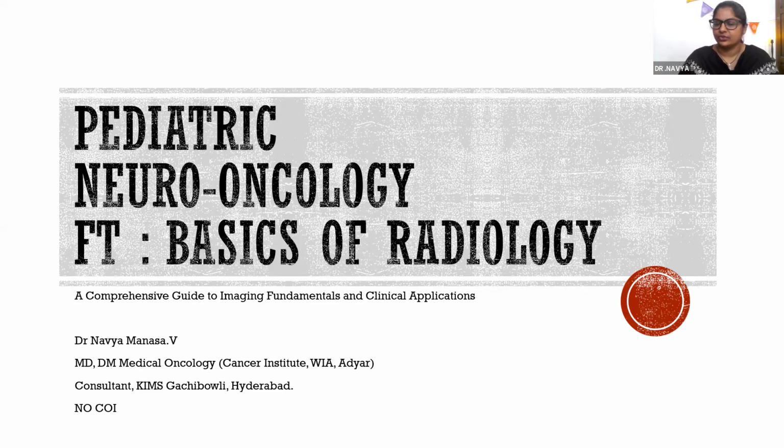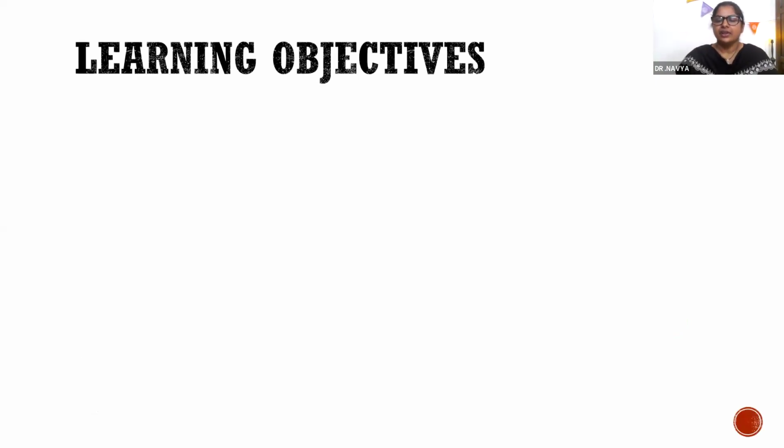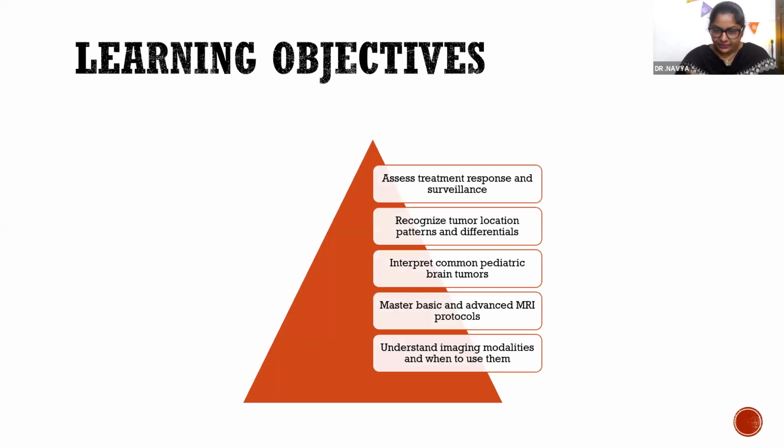There's no conflict of interest. I believe steps one and two have already been done, because it's been a series of radiology programs, as per my understanding. So you've probably understood the imaging modalities and when to use them. You have probably already mastered the basic and advanced MRI protocols.